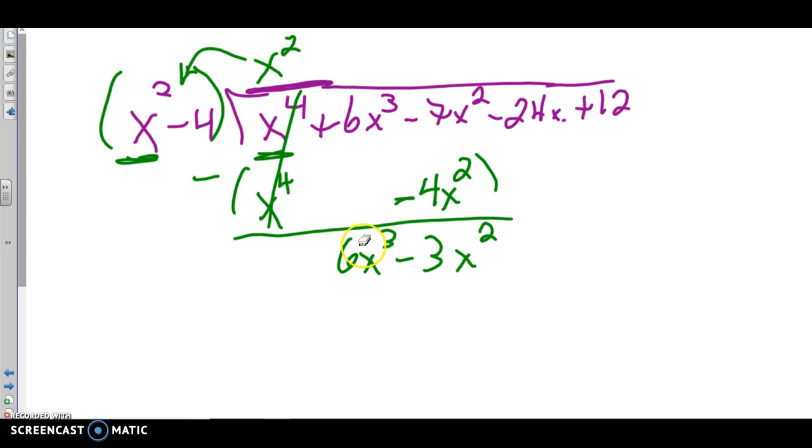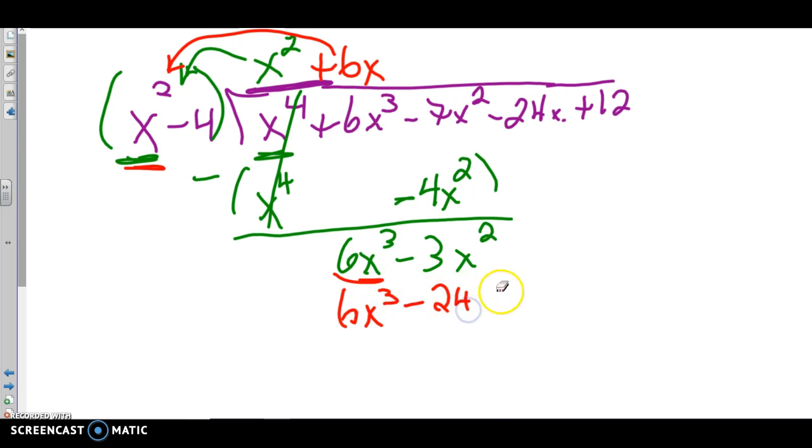Rinse and repeat. 6x cubed divided by x squared is going to be 6x. Multiply it by everything, I get 6x cubed minus 24x. Let's slide that over so we're lined up. Minus 24x.